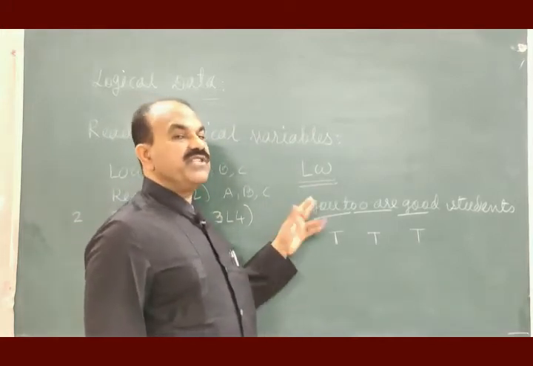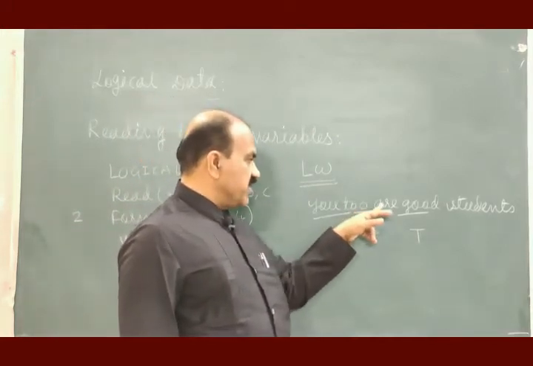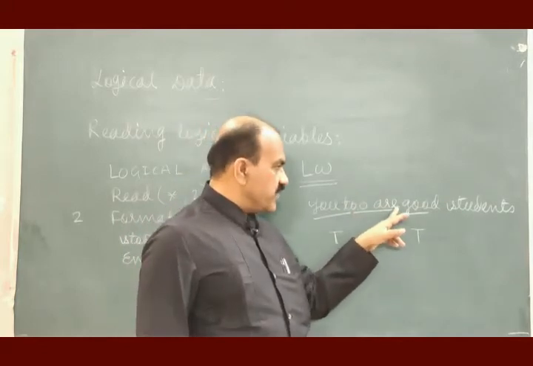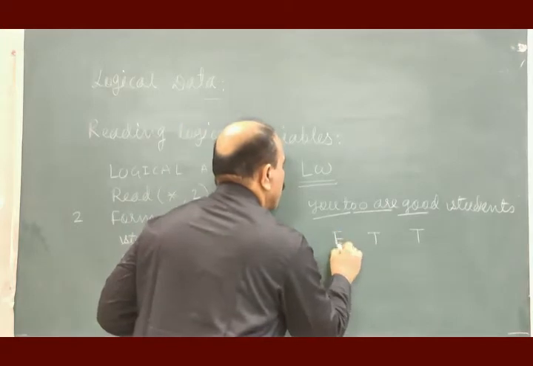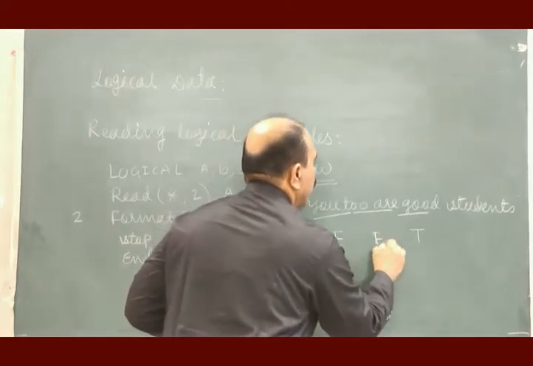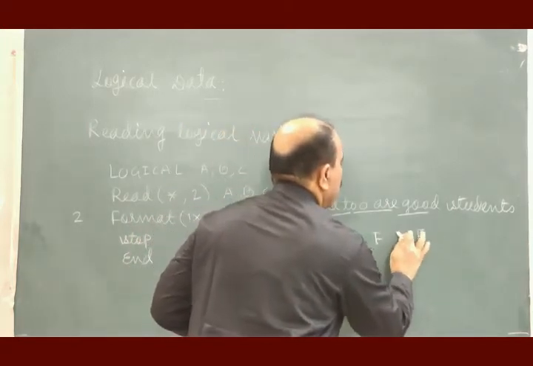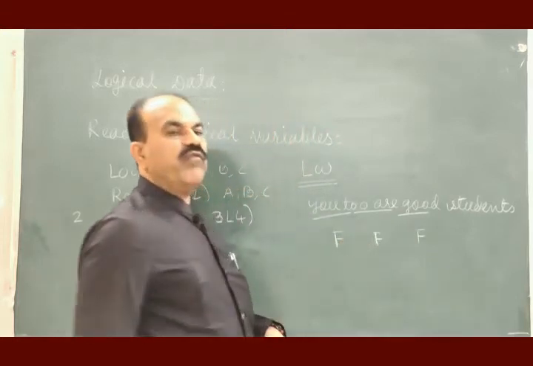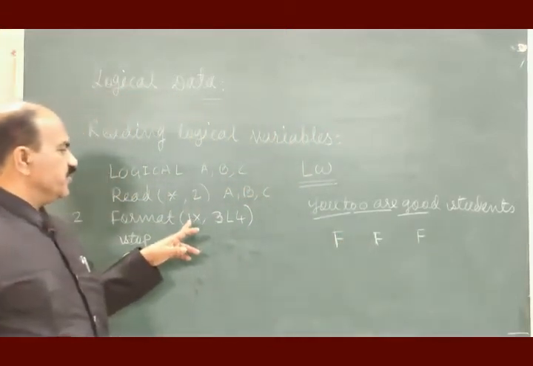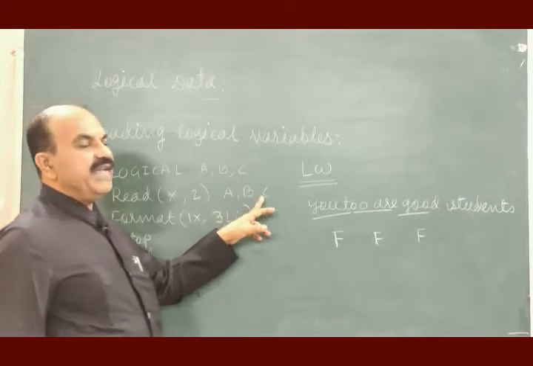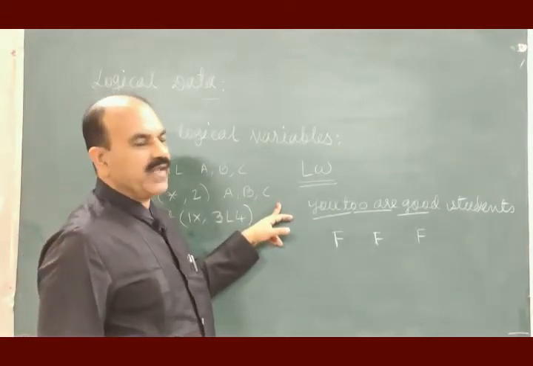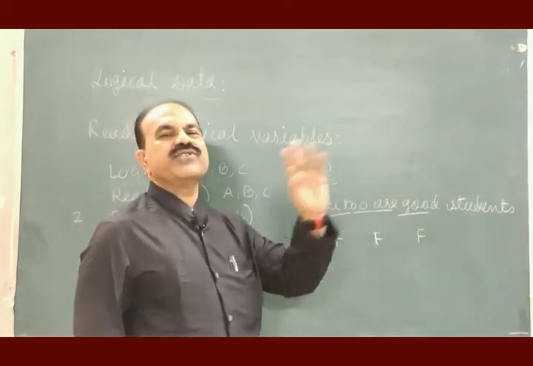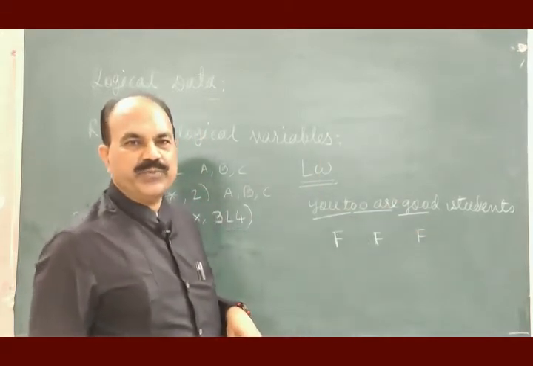The first letter of this word is not T. The first letter of this word is not T. And so false is assigned to A, B and C. What data is assigned from the input? False, false, false data is assigned to input.